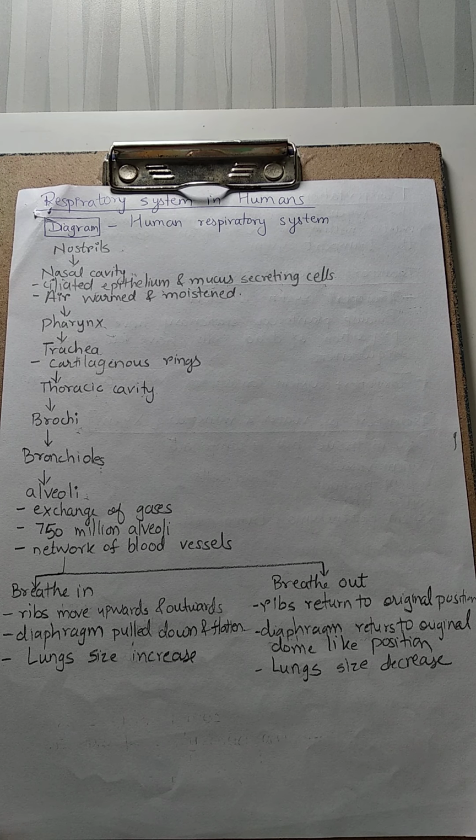Okay, now the trachea is lined internally by ciliated epithelium and mucus secreting cells, जो हमने nasal tract में भी बोला है, right? होता है। The mucus and cilia both prevent the entry of dust particles and microbes. Then trachea runs down the neck and extends into thoracic cavity. Right?